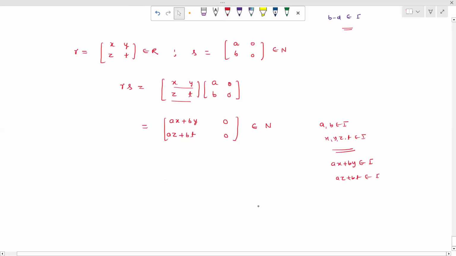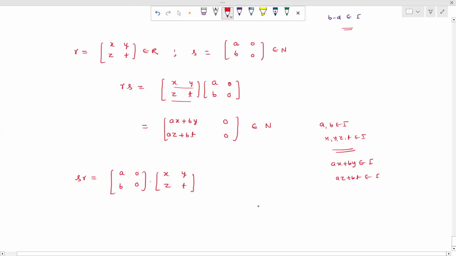So left ideal which belongs to N, but when we check the right ideal, that means SR. The right ideal we are checking. This can be written as (a, b; 0, 0) into the second matrix, which can be written as (x, y; z, t).